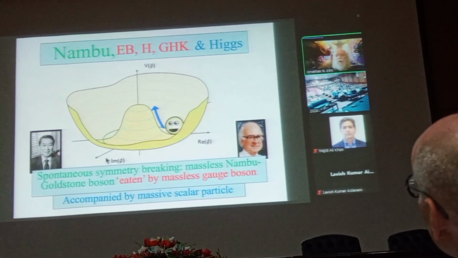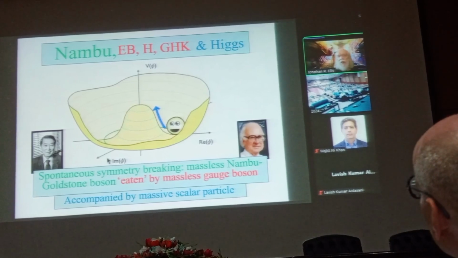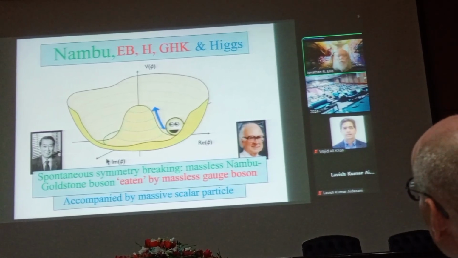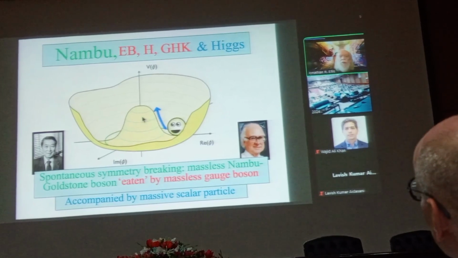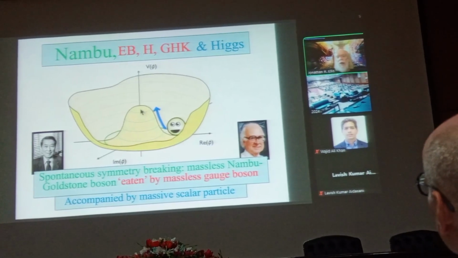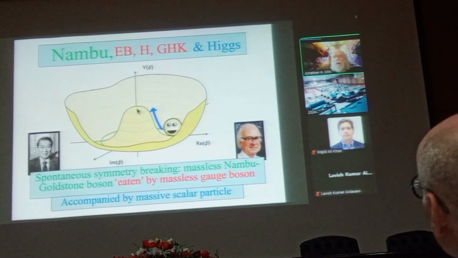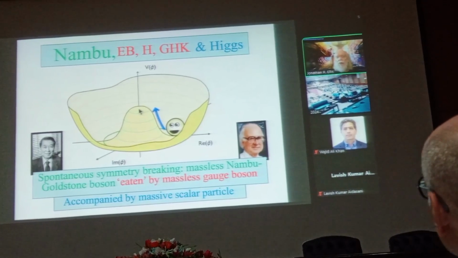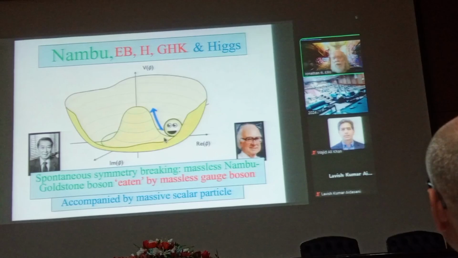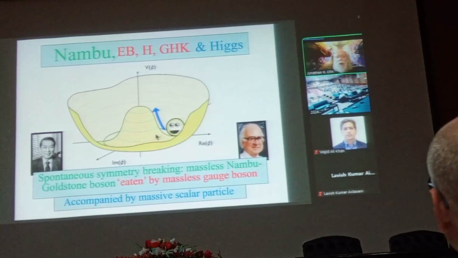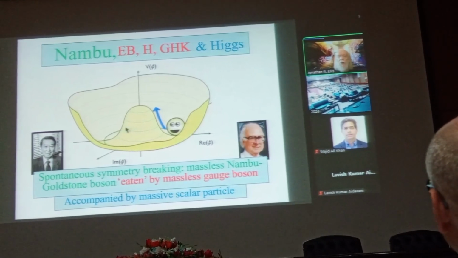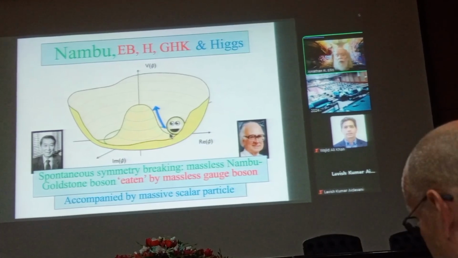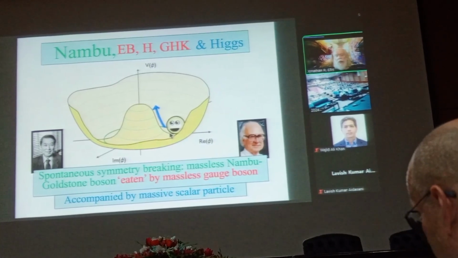And the energy function, the potential, has a rotational U(1) symmetry. Now the shape of the potential is such that a zero value for the field is not a stable configuration. The field will always try to go to a minimum of the potential. But you'll see that there is a circular set of equivalent minima of the potential.